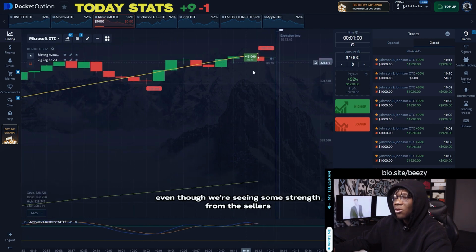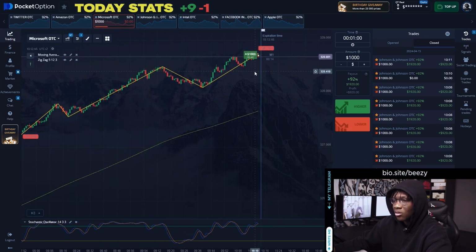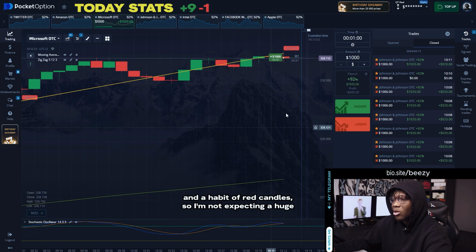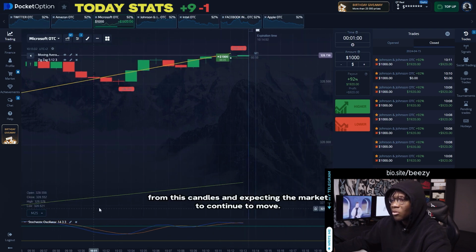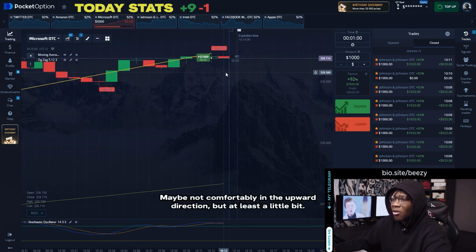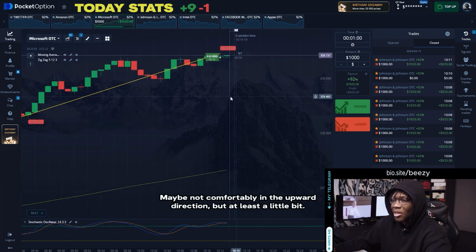Even though we're seeing some strength from the sellers, and this red candle seems to be pushing all the way down here, I just believe that I've seen more strength out of the green candles than I have out of red candles. So I'm not expecting a huge loss from these candles. I'm expecting the market to continue to move, maybe not comfortably in the upward direction, but at least a little bit.